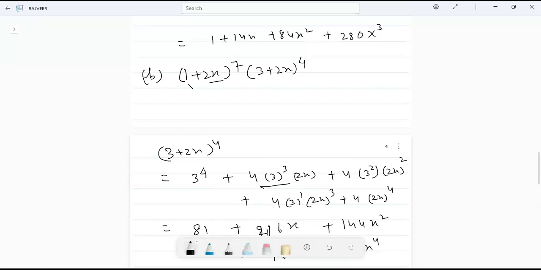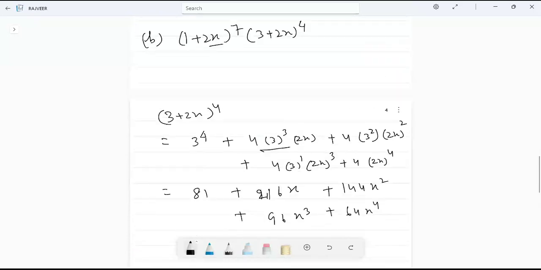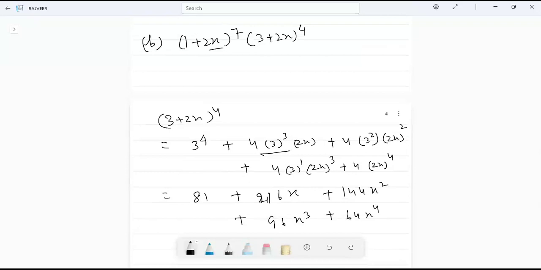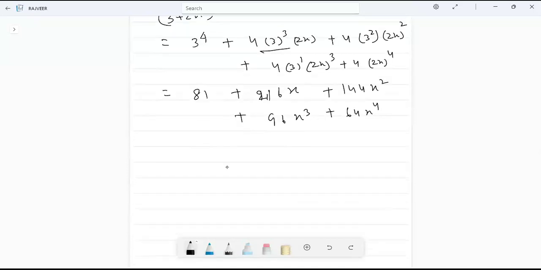So we just pick up two terms. What are they? 1 into 2x into 3 to the power 4, and then 1 into the 4 times 3 cube term.